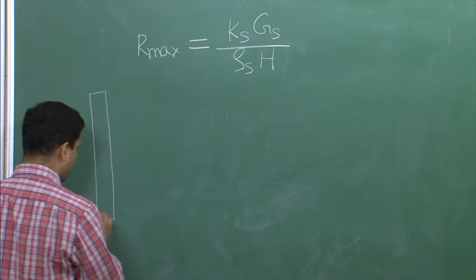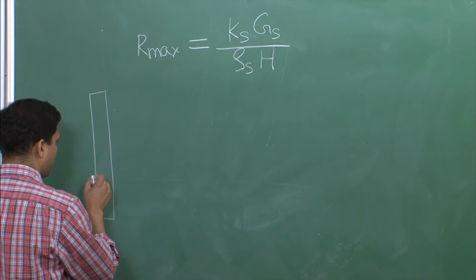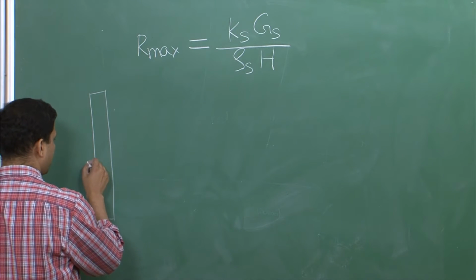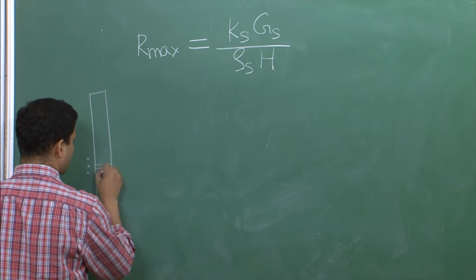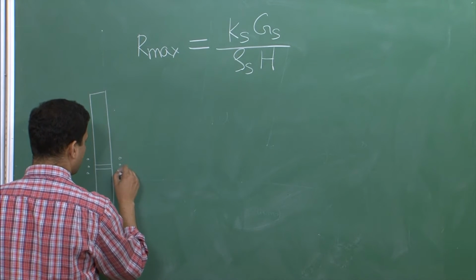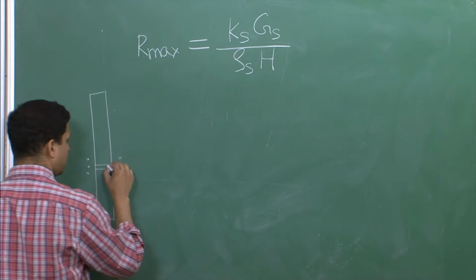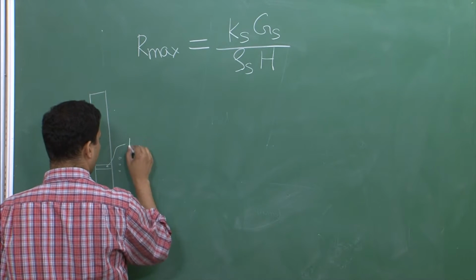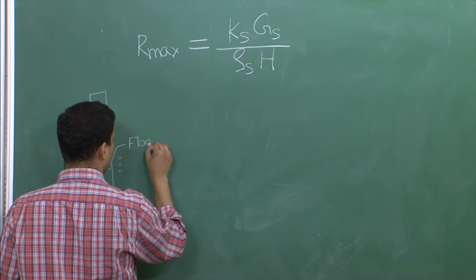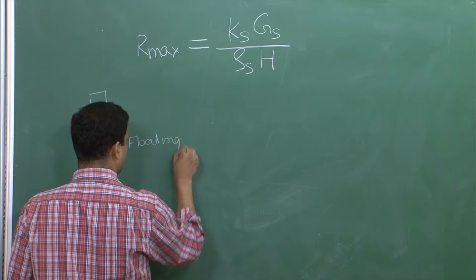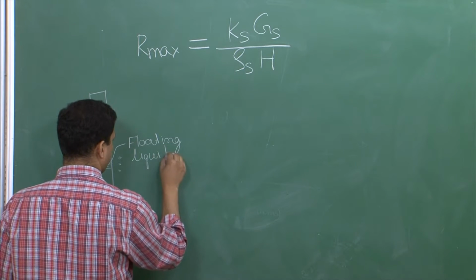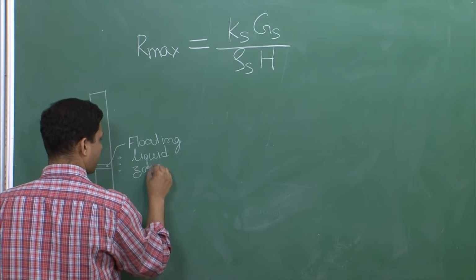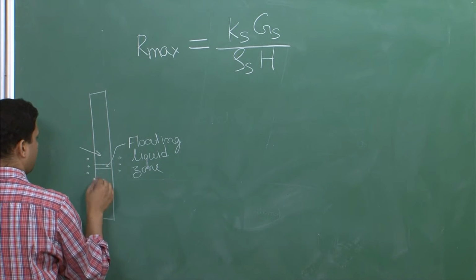So, what you do over here, I will show you an intermediate step somewhere over here. There is a heater around this rod, and this is what you can call the floating liquid zone. And these are the solid zones.